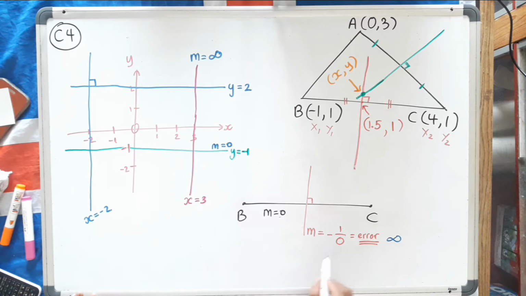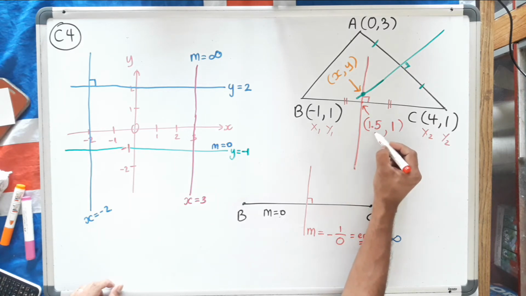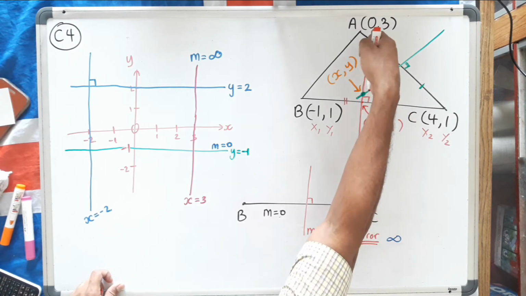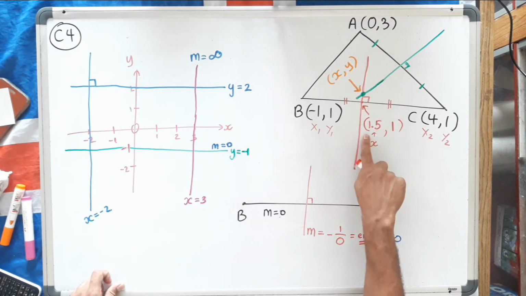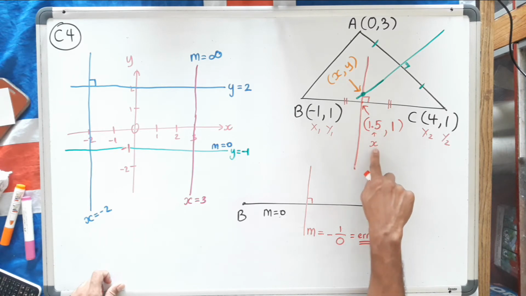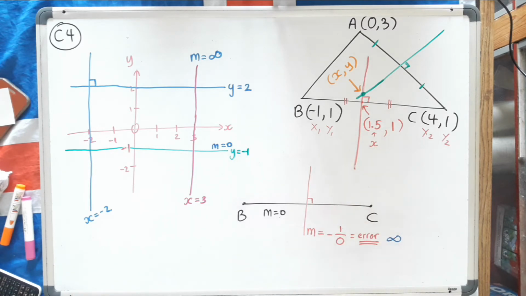That means if we try to find the gradient of this line, we should get an error, which we did. So, what's the x coordinate here? The x coordinate is 1.5. This vertical line, if we were to draw it on graph paper, will be a perfectly vertical line going through 1.5 on the x-axis.